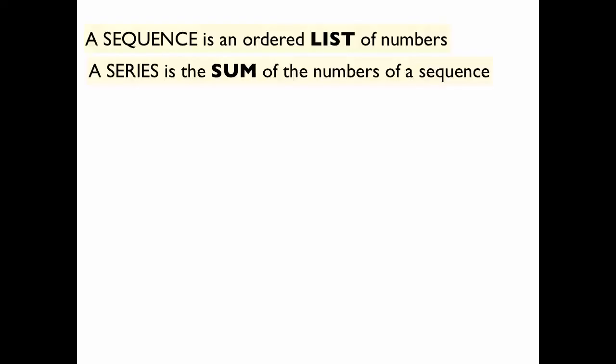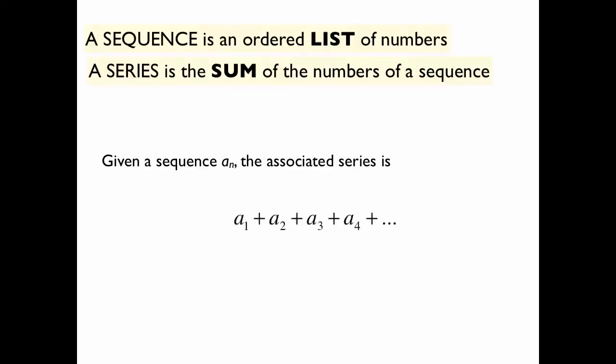So, given a sequence, a sub n: a1, a2, a3, a4, what's the associated series? Add them up. So given a sequence, like the ones we've been looking at, if you take the terms of the sequence and add them all together, that's what we call the series.